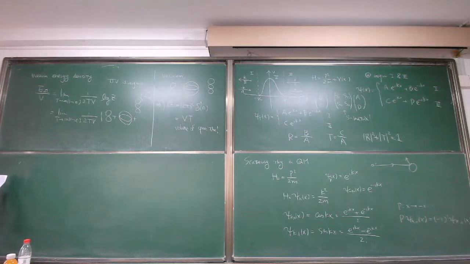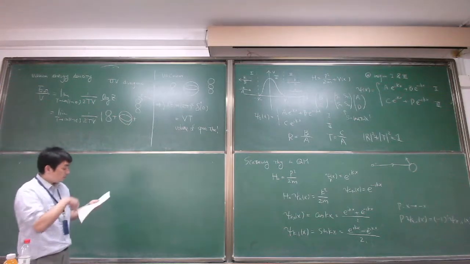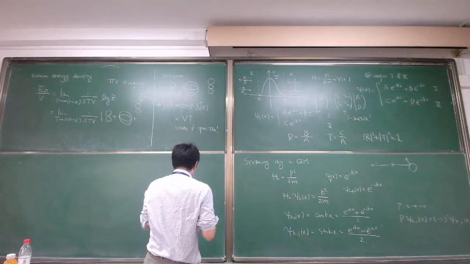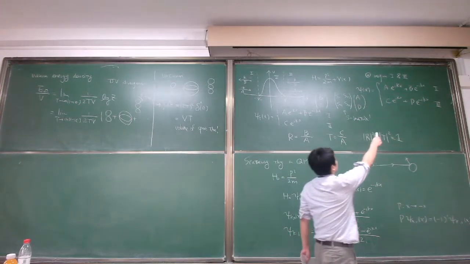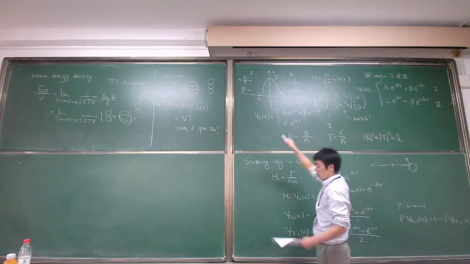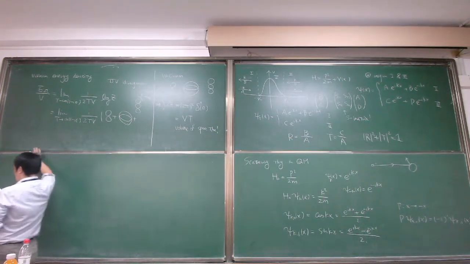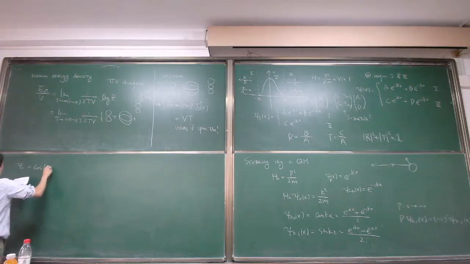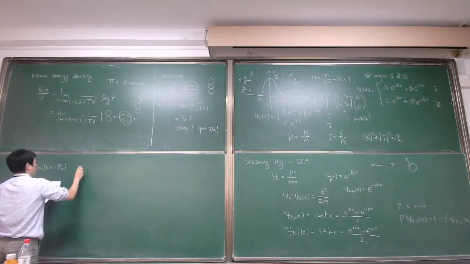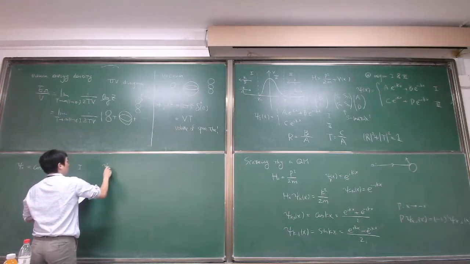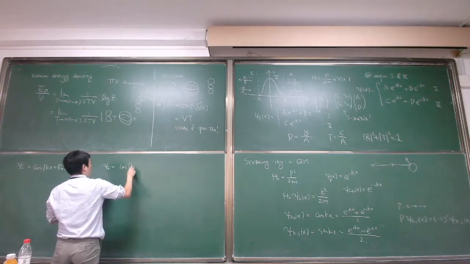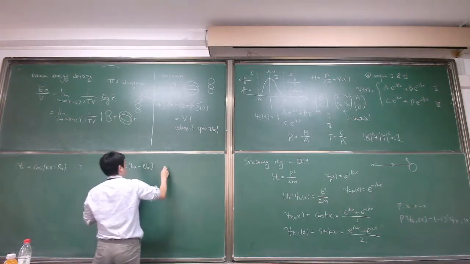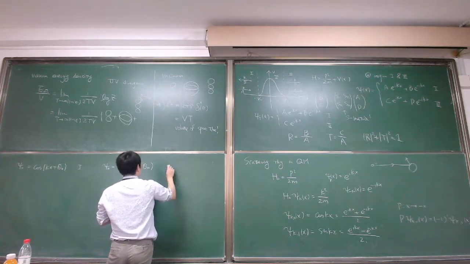And now we consider the following: we know this linear combination here can be understood as follows: phi naught is equal to cos(kx plus theta naught) in region 1, and then phi naught is cos(kx minus theta naught) in region 3.